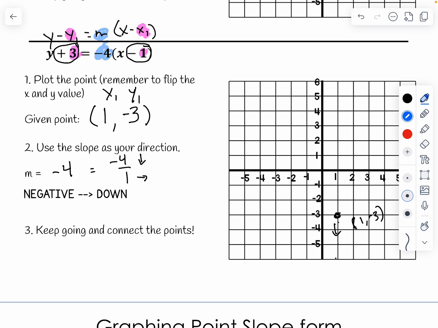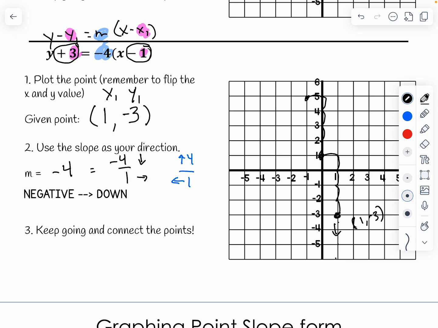So instead, we're going to go the opposite direction. So instead of going down 4, what's the opposite of going down 4? I'm going to go up 4. And instead of going right 1, what's the opposite? I'm going to go left 1. So I'm going to graph backwards. So I'm going to go up 1, 2, 3, 4, left 1. There's a point.